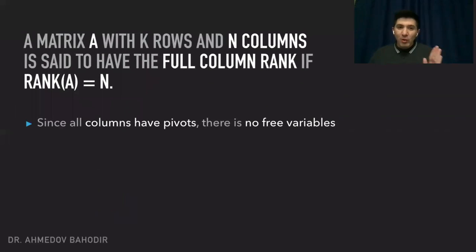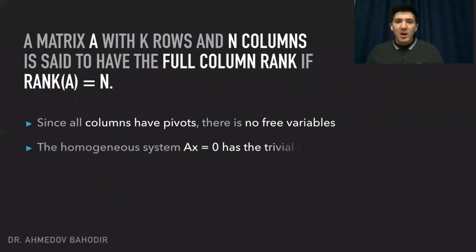It implies the following conclusions. Since all of the columns have pivots, there are no free variables. If you remember, the number of free variables is the number of free columns, right? So if all of the columns have pivots, there is no free variable. It means that the null space of this matrix is going to contain only 1 vector, which is the 0 vector. So what does it mean?